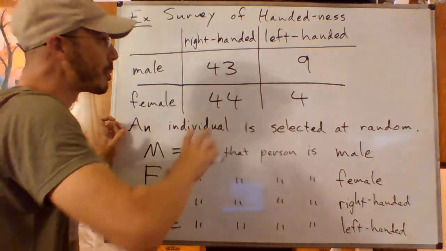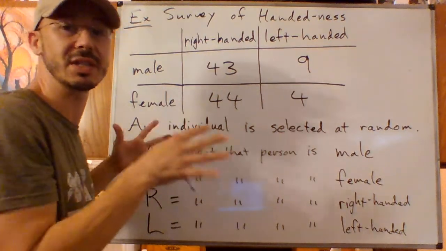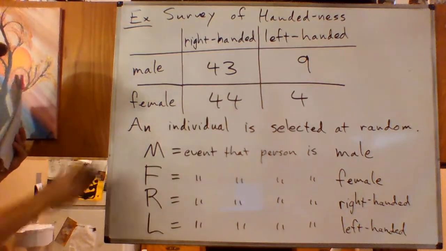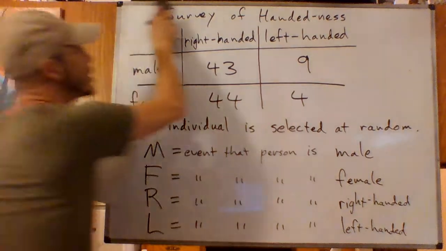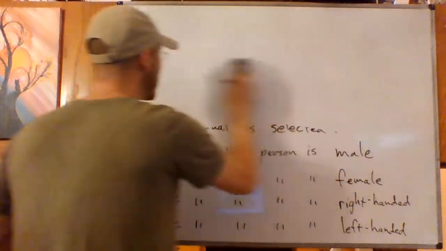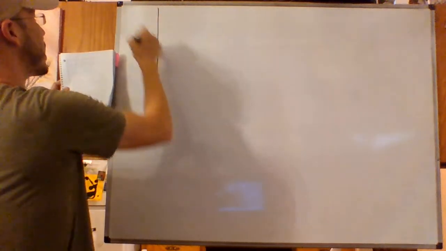This is the data. I'm going to erase this, but I'm going to rewrite it in a more compact way, but then also extend it in a way that'll be useful. So that's the code, and it's pretty straightforward, MFRL. In fact, if I just use those for the labels on my rows and columns, I think it'll be even easier to read.